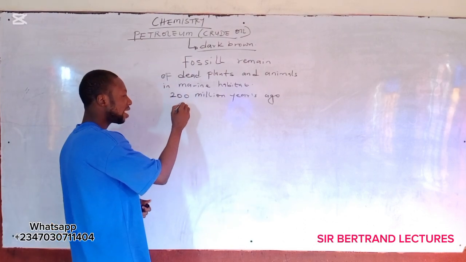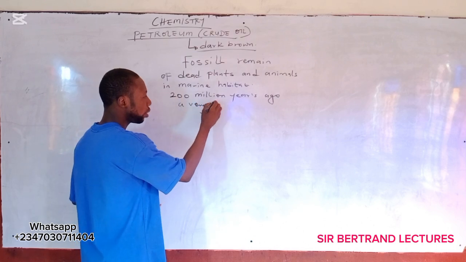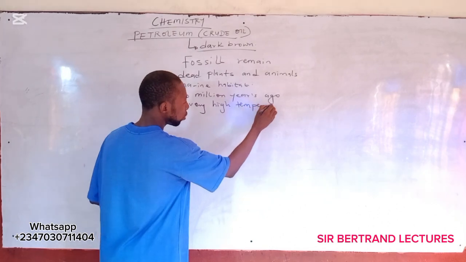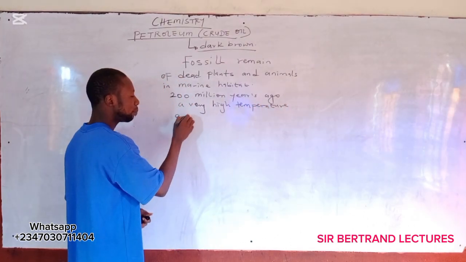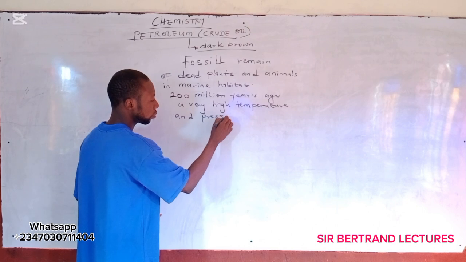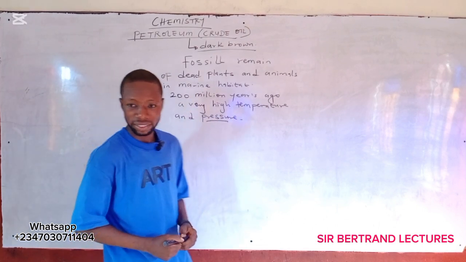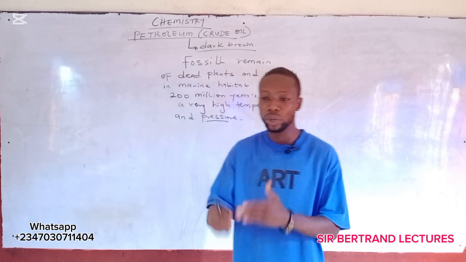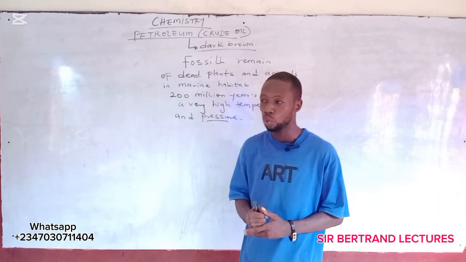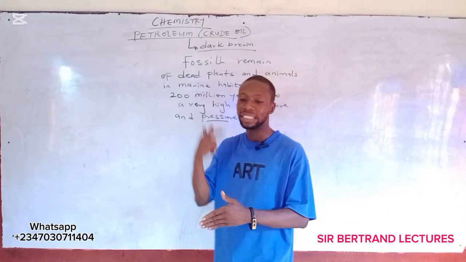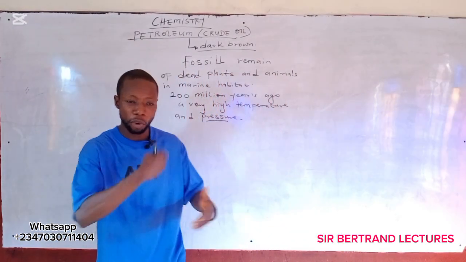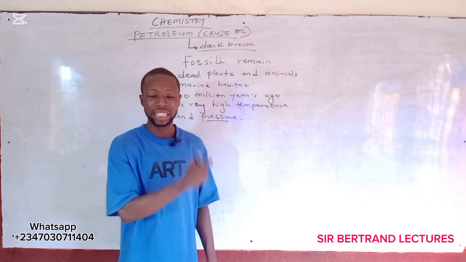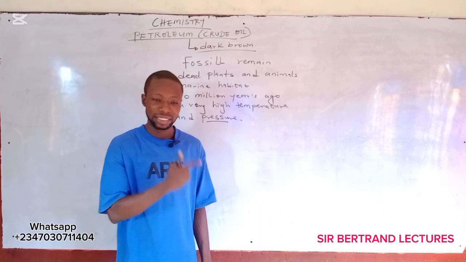The dead plants and animals that died about 200 million years ago, subjected to high temperature and pressure, will convert naturally on their own into this crude oil, which I describe on the whiteboard as petroleum.